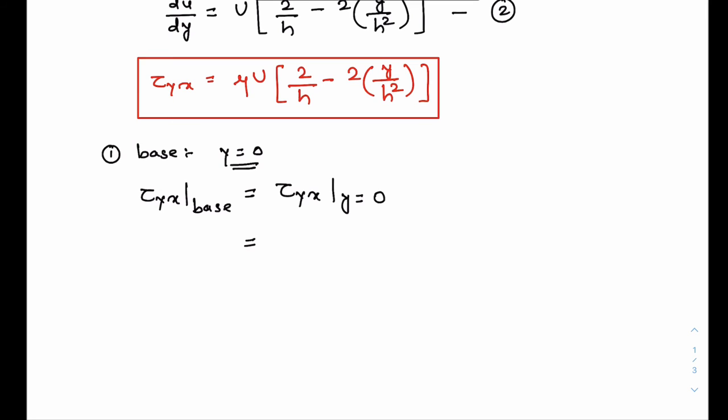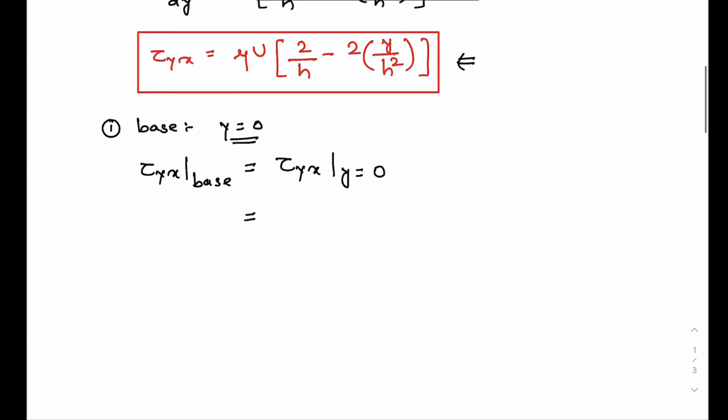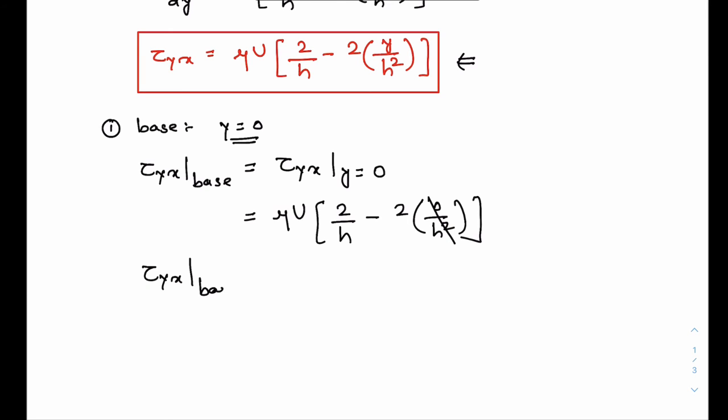If you substitute y equal to 0, you get tau yx equal to mu U times 2 by h minus 2 into 0 by h square. This term becomes 0. So tau yx base is 2 times the viscosity times U divided by h.